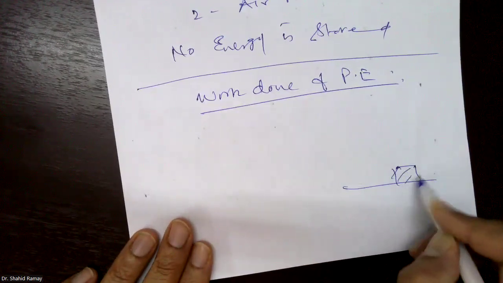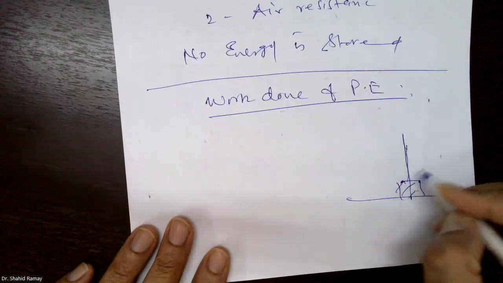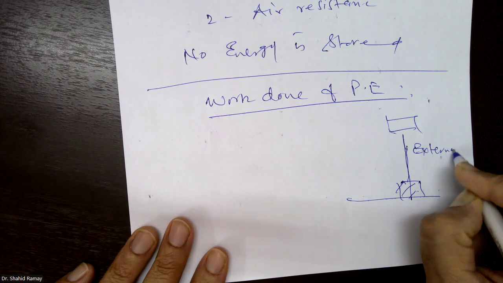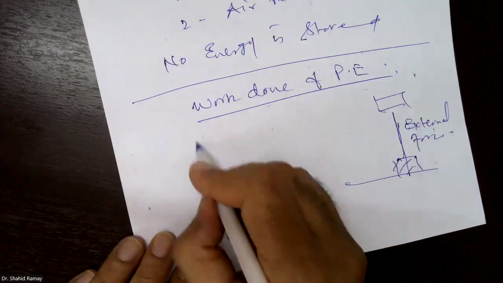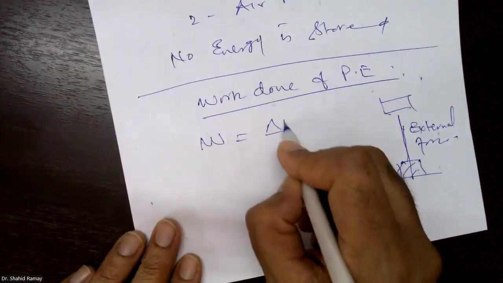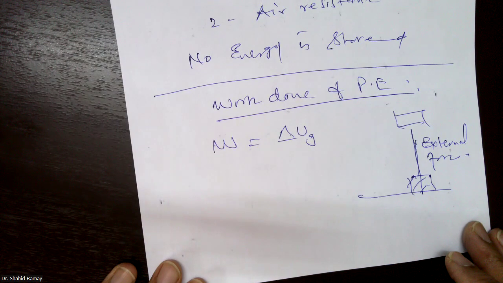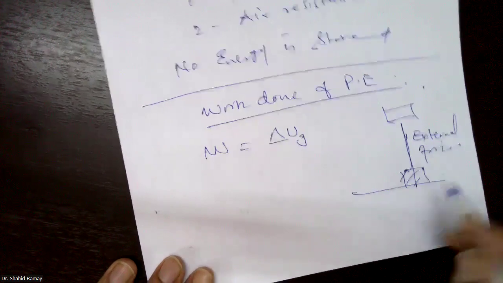Here is a block and we lift the block with some force, and that force is the external force. If the force is external, then work done is equal to delta UG. We write it like this. But if the work done is due to gravity, then it will be minus delta UG.